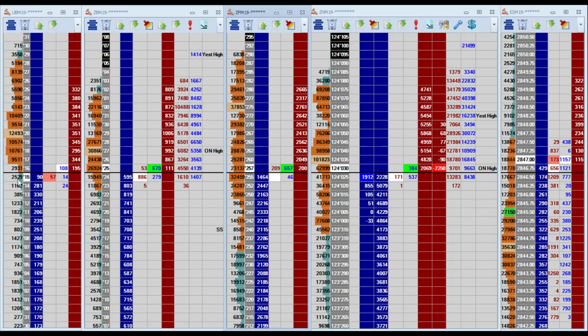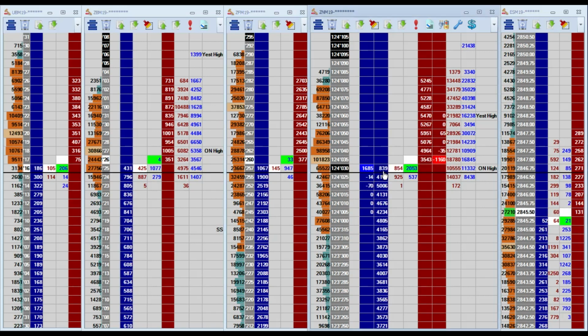Kind of at the bottom of the value area here on the Ultra Bond, also at the 30-year. Or 5 years all catching bids.